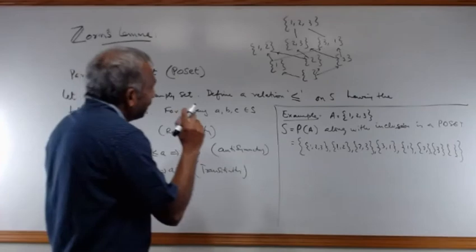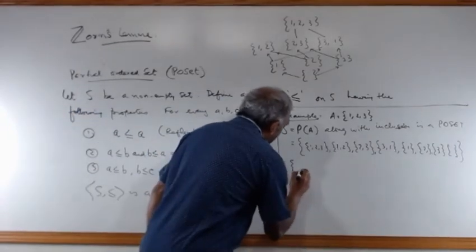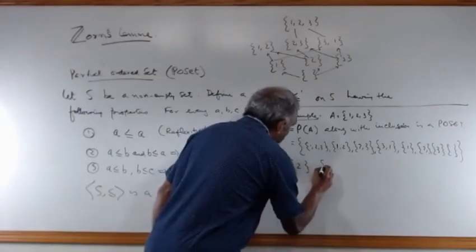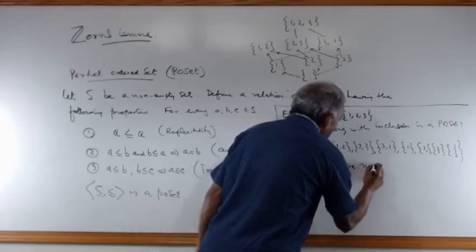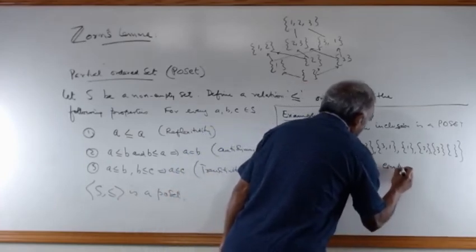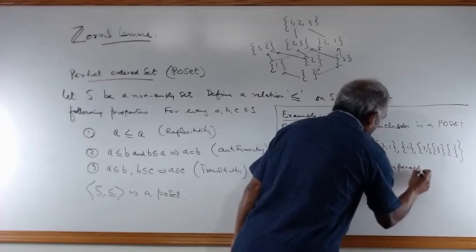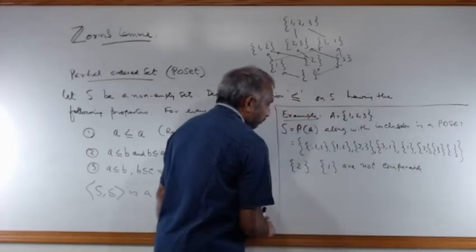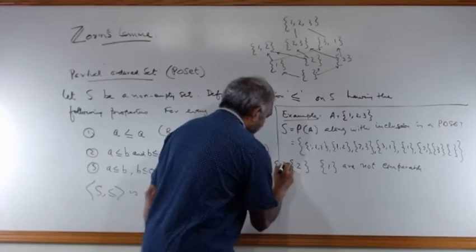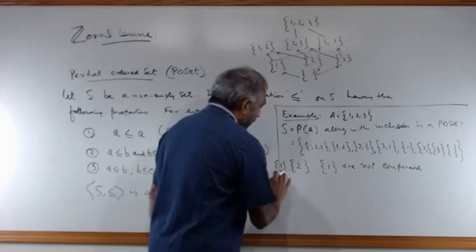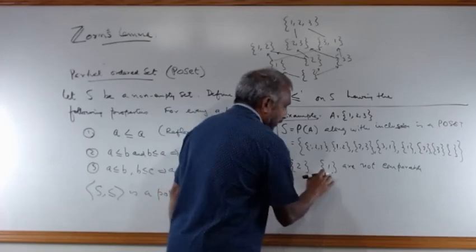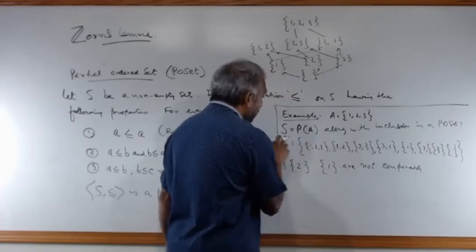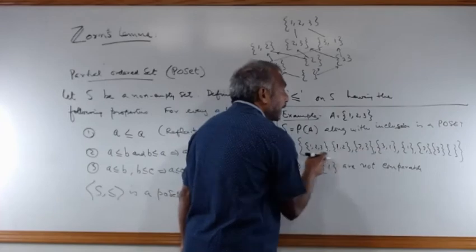What we need to know is that {2} and {1} are not comparable. There is no relation between {2} and {1}, or even {3}. You cannot compare this element with this element and with this element. So there are elements in S that are not comparable.